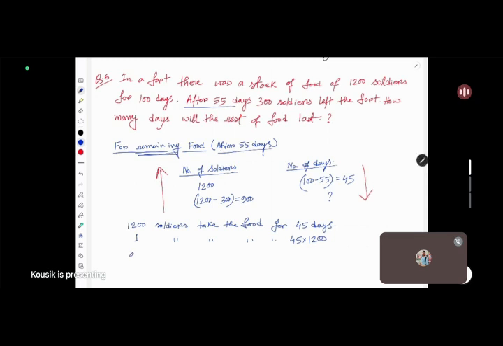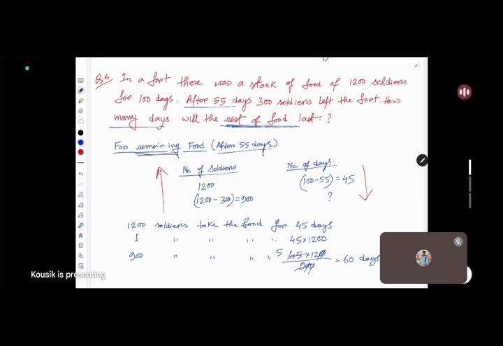So what will happen for 900 soldiers? That is the question. 45 into 1200 by 900. Cancel out the zeros, and we get 60 days. This is the answer. The question asks how many days the rest of the food will last, so the rest of the food will last 60 days.